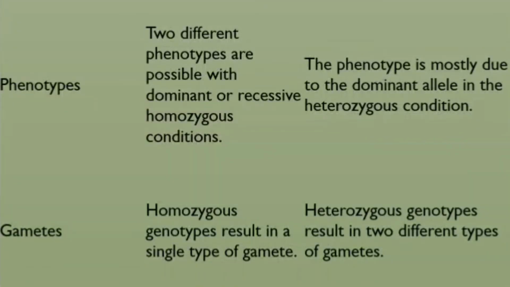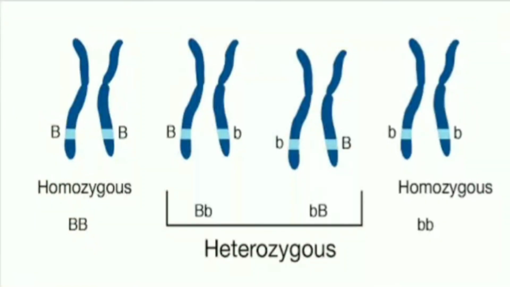Now let us discuss based on the genotype. That is, in the case of homozygous, the genotype is due to a single type of gamete, whereas in the case of heterozygous, the genotype is a result of two different gametes. Let us take this diagram to explain the genotype of a homozygous as well as a heterozygous condition.